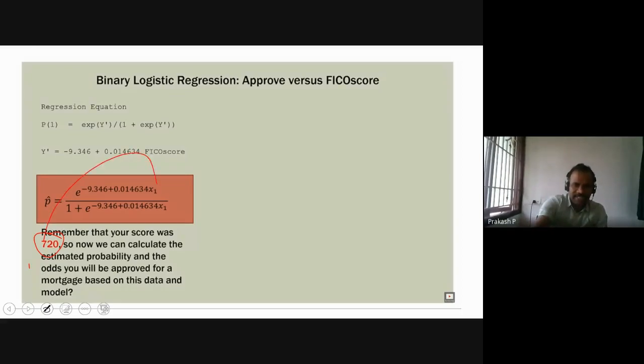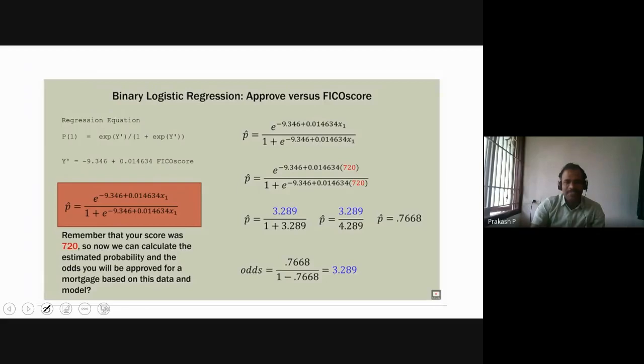Apply 720 here and let me find the probability. If you apply 720, we get 0.78. This is the probability of approving a loan for a person who has a score of 720.